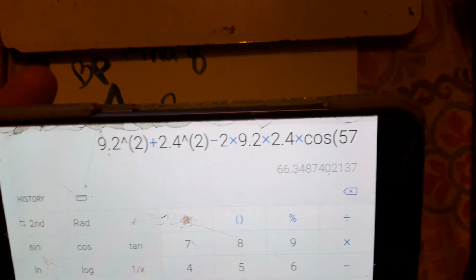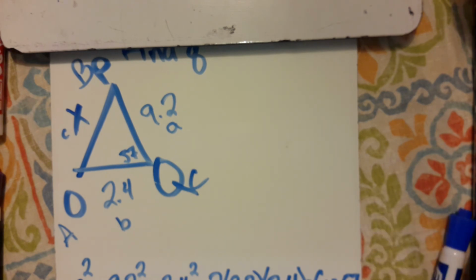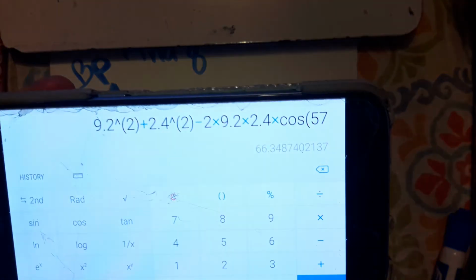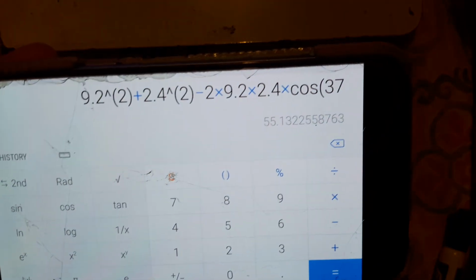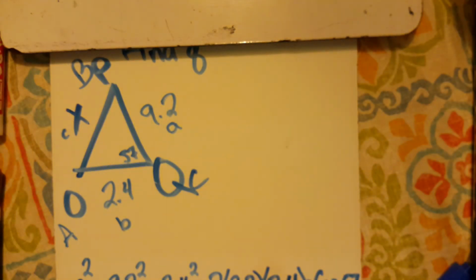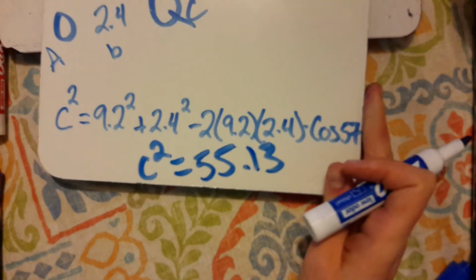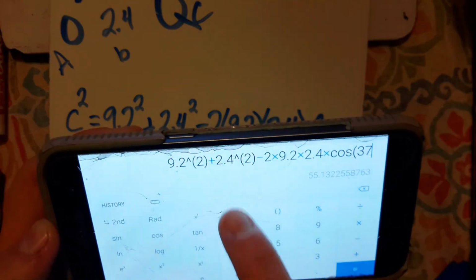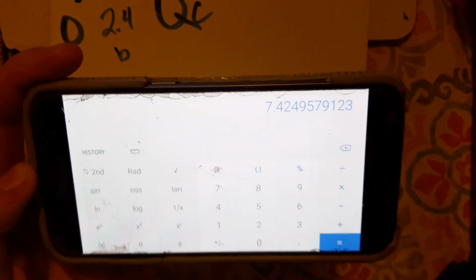It looks like I'm getting 66.3. Wait a minute, you guys. That should have been a 37, not a 57. Try that. And I get 55.13. So I'm going to square root that number. So hit square root 55.13, and my answer is 7.4.